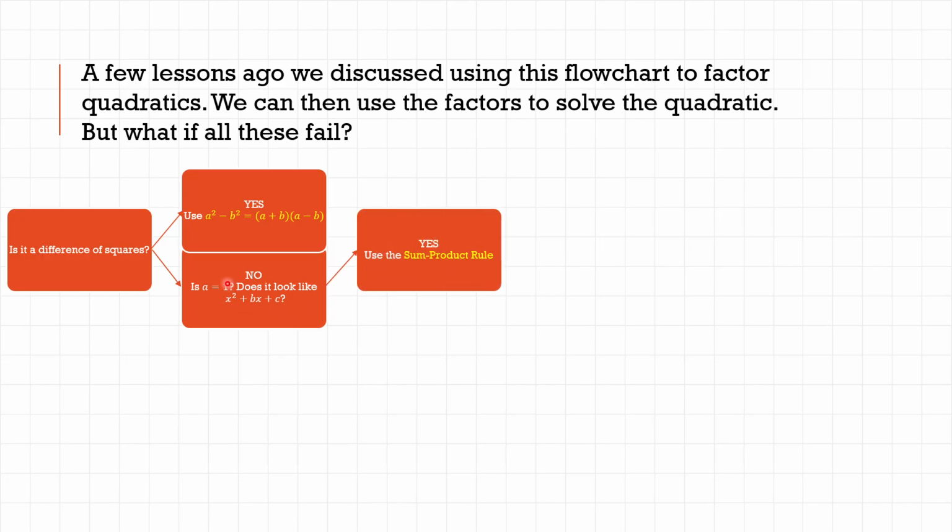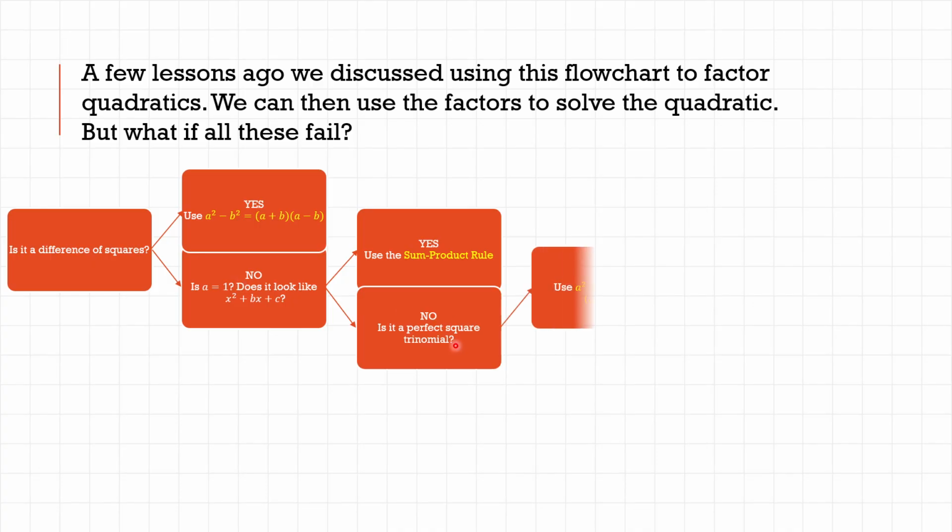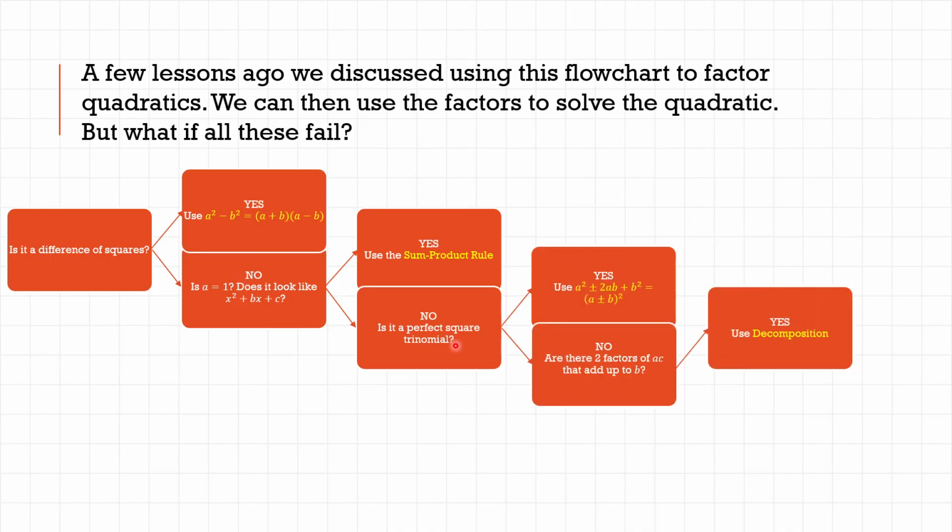If we can't, because a is not equal to 1, then we could try to see if it's a perfect square trinomial. But if it's not, then we have to use decomposition, which means asking ourselves, are there two factors of a times c that add up to b, and going from there? If there are not two factors, though, then this quadratic would be unfactorable, and to solve it, we have to use the quadratic formula.